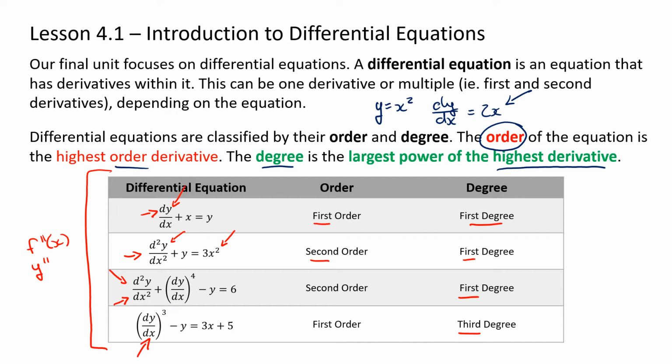Now, one thing I'll tell you is that we are going to focus on first degree differential equations only, okay? But you can kind of disregard this at this point. But I do like to show you it just so you understand what a third degree or second degree differential equation might look like.